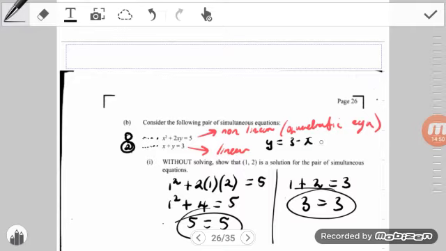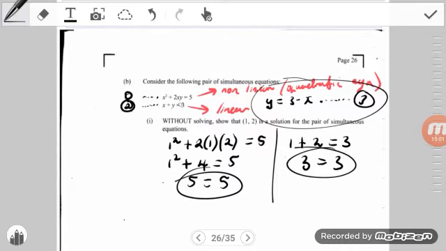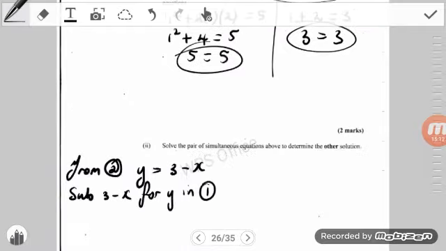So this is my third equation, which I'm going to be using a bit later. So I'm going to be holding this equation for later. Because I used equation 2 to create equation 3, I'm going to take equation 3 and substitute it in equation 1. Alright, so that's what I wrote here.